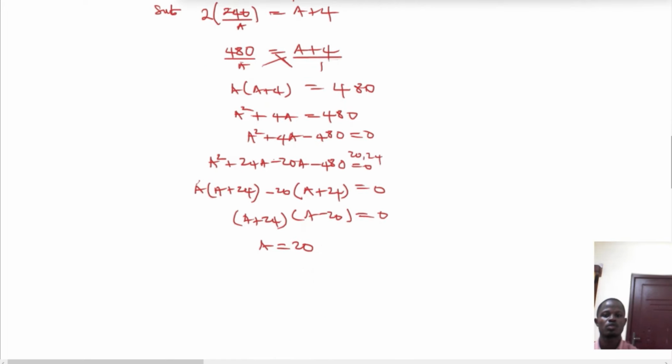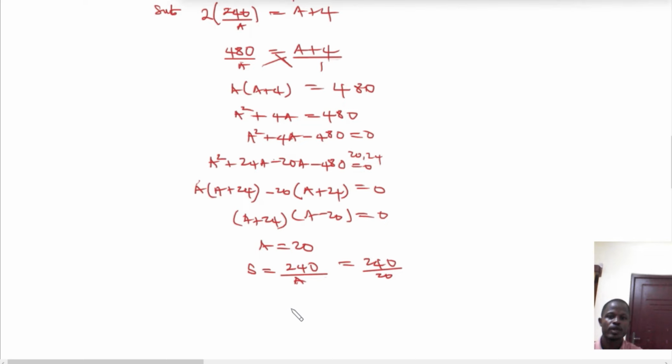So we're going to substitute A into this. So this is A. We now write 240 divided by 20.